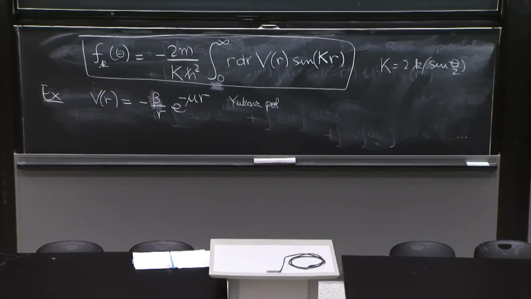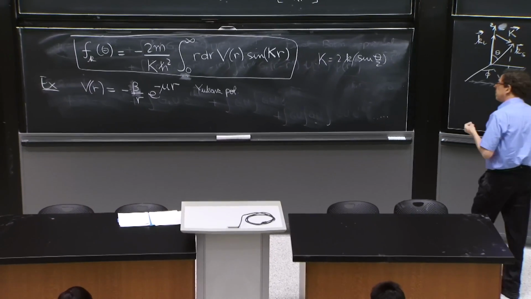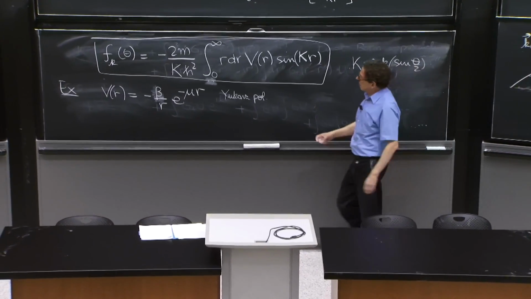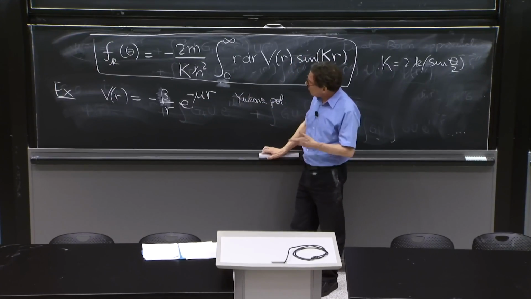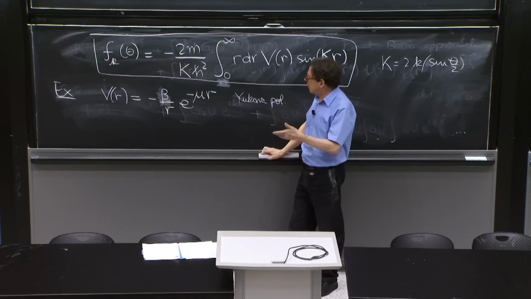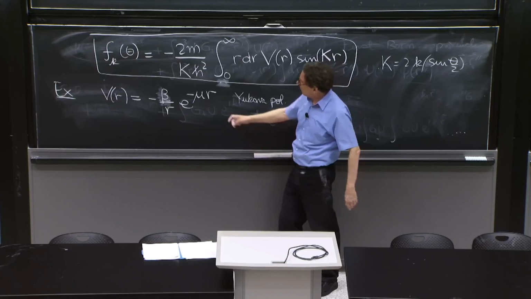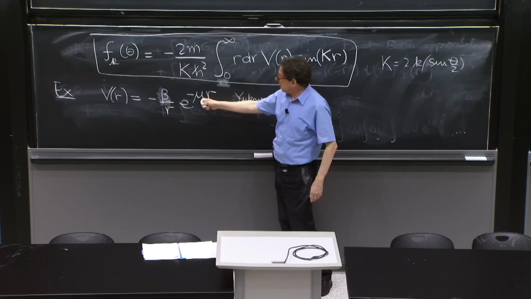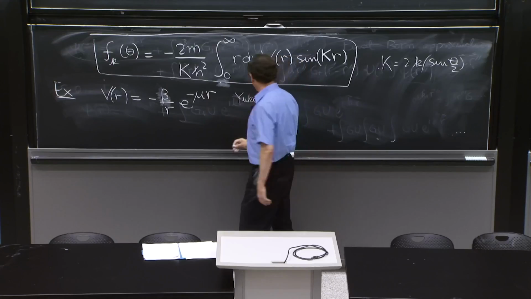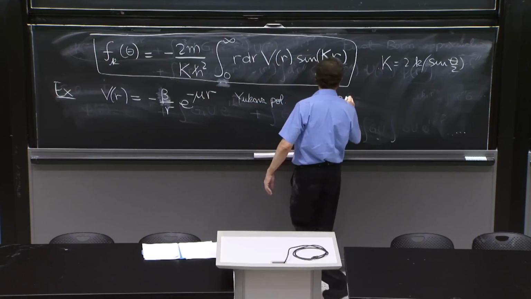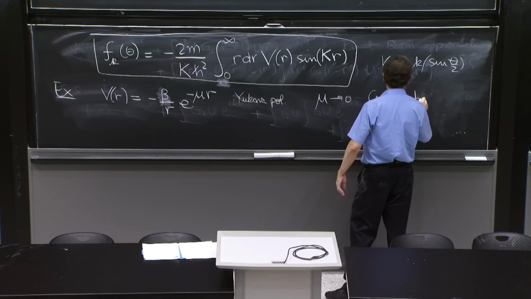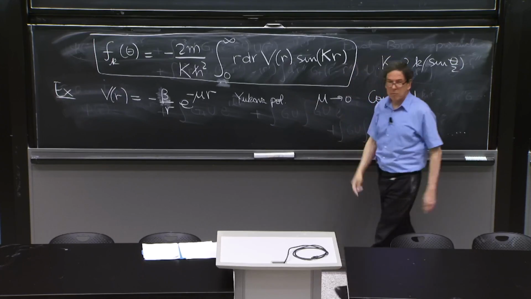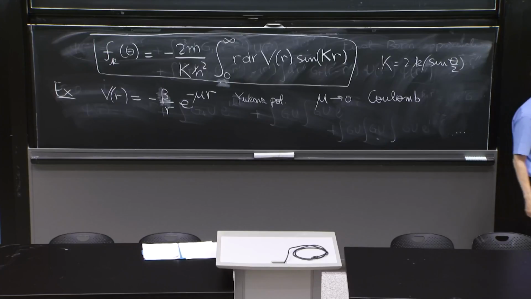That was sort of the intuition of Yukawa. If you see, this has units of physically mass and h bars and things like that. But if you let mu go to 0, you recover the Coulomb potential. So that's the relevance of the Yukawa potential.